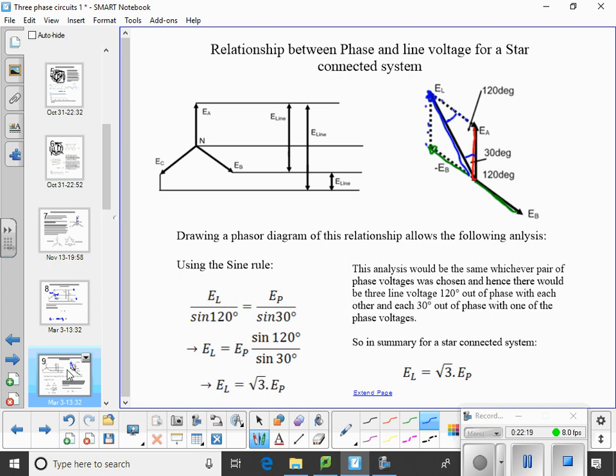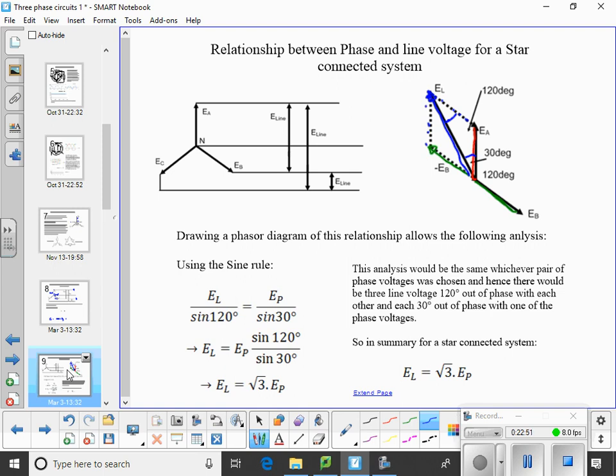So we apply the sine rule: one side over the sine of its opposite angle is equal to the other side over the sine of its opposite angle. Do you remember the sine rule? A over sine A equals B over sine B equals C over sine C. Rearrange that for the line current. So the line current is E phase over sine 30.